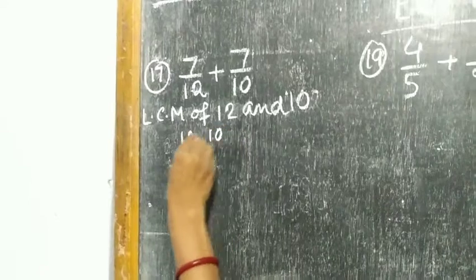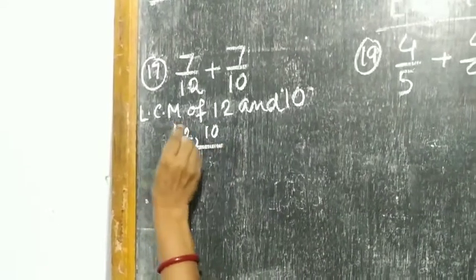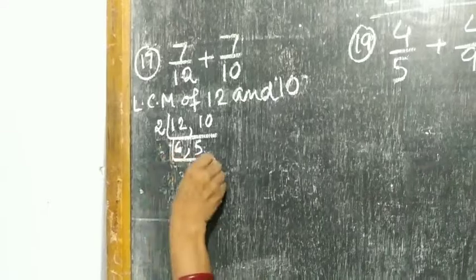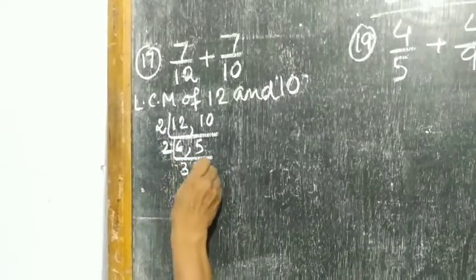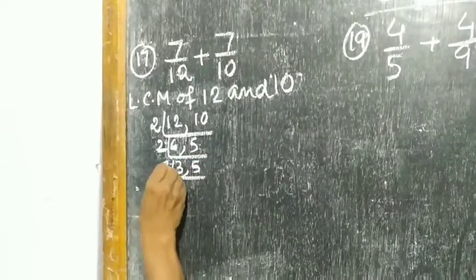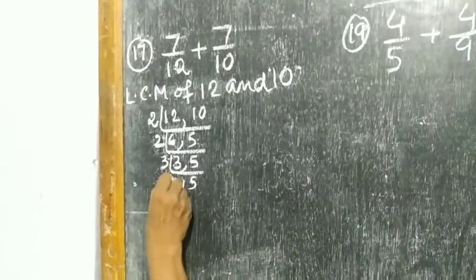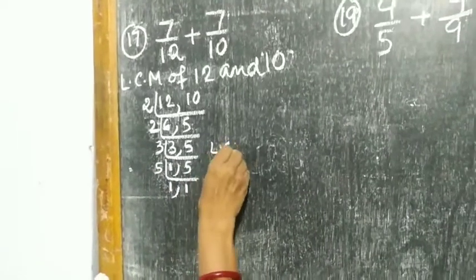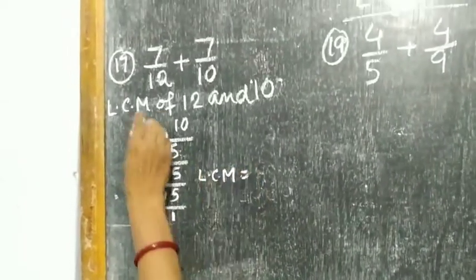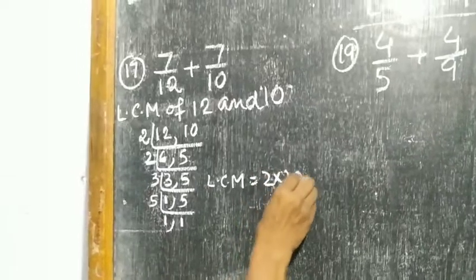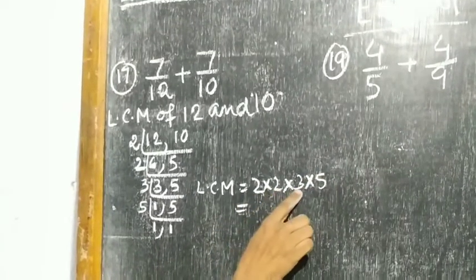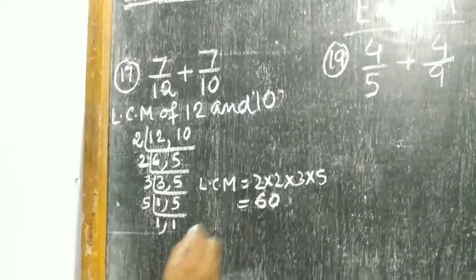So 12, 10, first divide them by 2, so 6, 5, again divide them by 2, 3, 5, again divide them by 3, 1, 5, again divide them by 5, 1, 1. So LCM equal to 2 into 2 into 3 into 5. So 2 2s are 4, 4 3s are 12, 12 5s are 60.